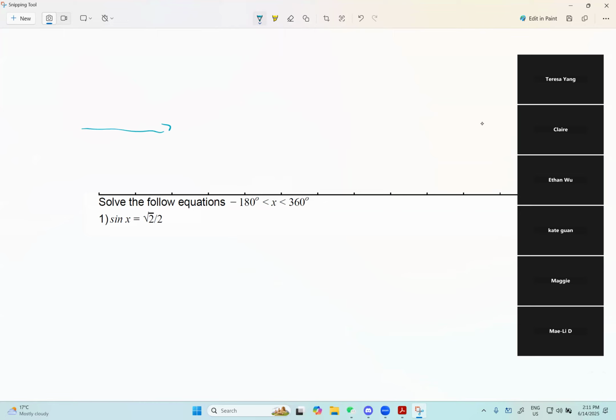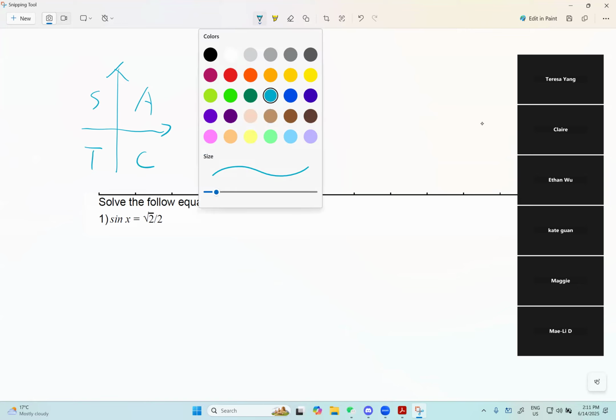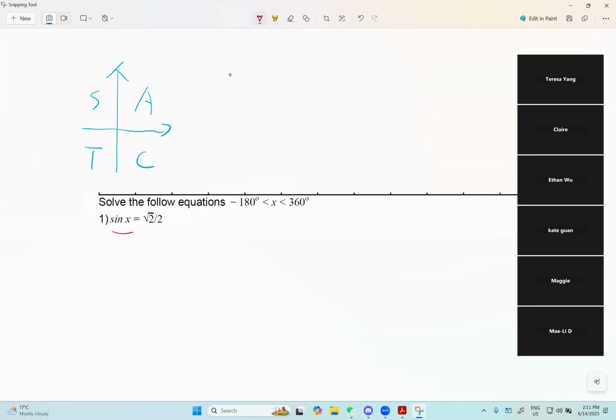The first way, all students take chemistry, but this sine positive, which means the angle either here or here. If you use calculator or you memorize the value, sine how many degree gives you root 2 over 2, Tim? 45. Yes, good.